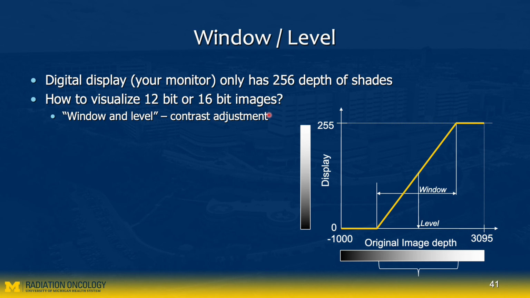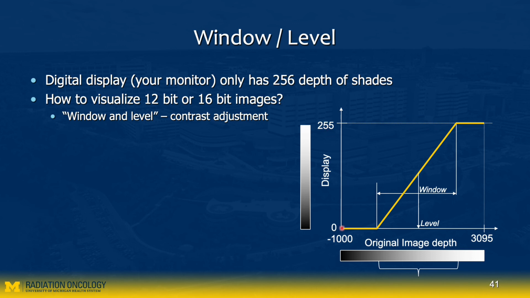Here comes window and leveling. You are all familiar with this concept. The original image depth range is about 4,000 in a typical CT image, but your computer can display only 0 to 255.